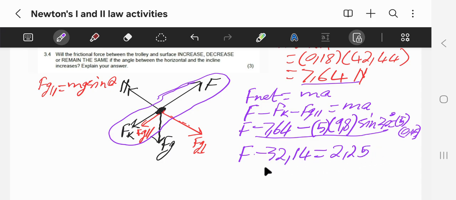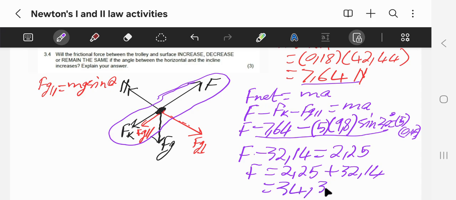So it's going to be positive when it goes to the other side. That means I will have F is equal to 2.25 plus 32.14. Then I'm going to add these two to get my force, and my force is 34.39 newtons.